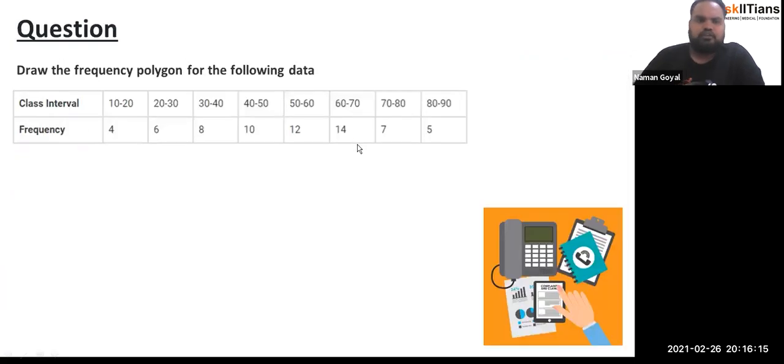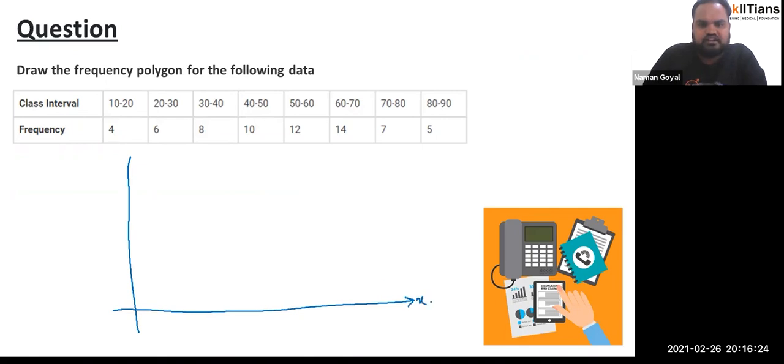First of all, we have to draw the y-axis. This is the x-axis and this is the y-axis. On the x-axis, the marking is there: 10 to 20, 20 to 30, 30 to 40.